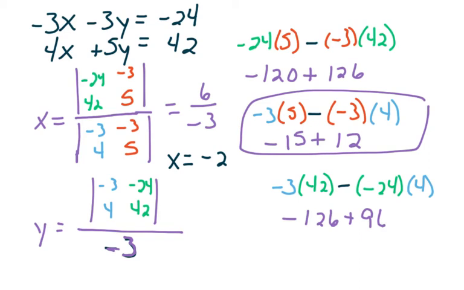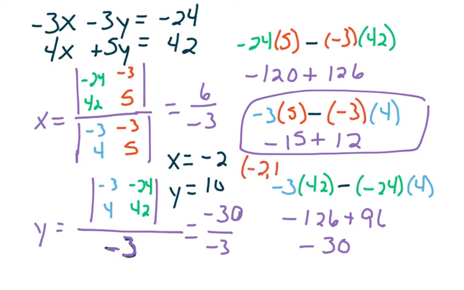When I learned how to subtract in 3rd grade, I would have gone 126 minus 96. The 126 is negative, so my result will be negative, and we get 30. So on top I have negative 30, and on the bottom I still have that negative 3. So simplifying that, I get y is equal to 10. Writing my solution as a point, x first, then y, negative 2, 10 is going to be my solution to that one.